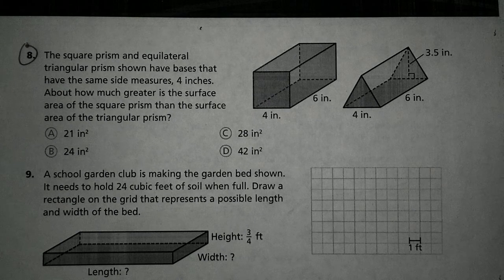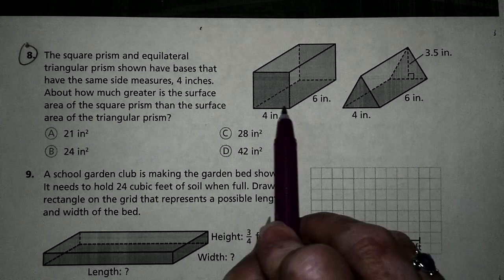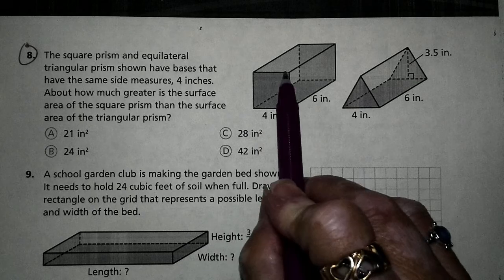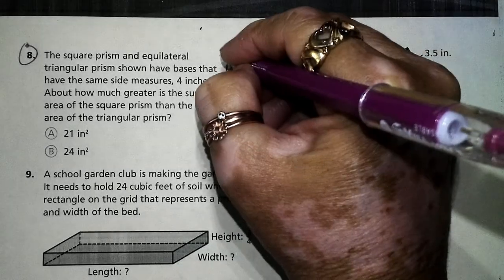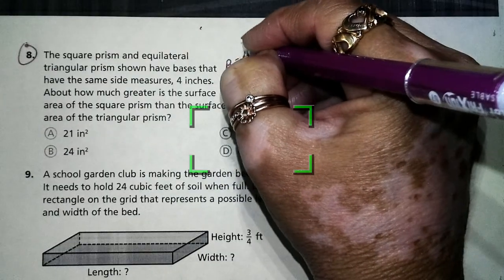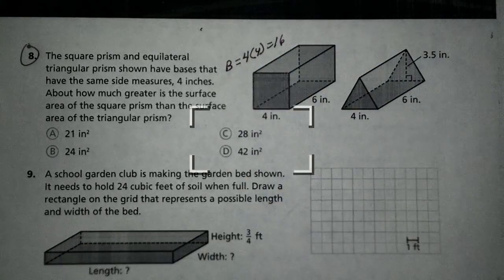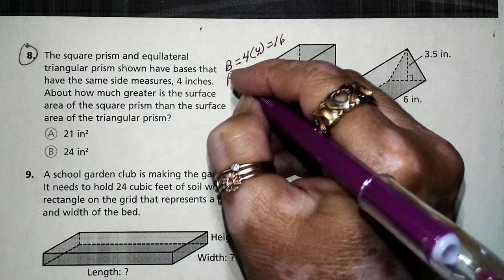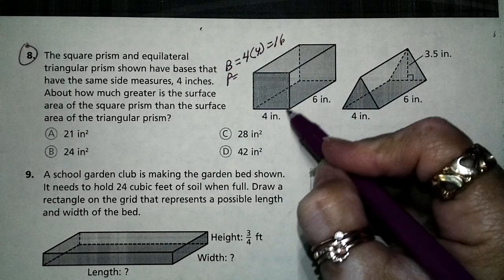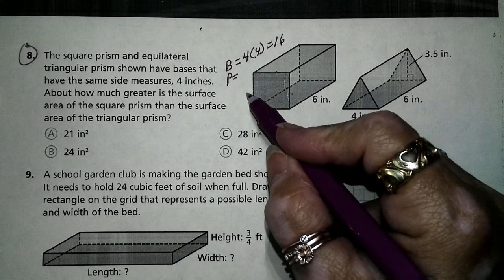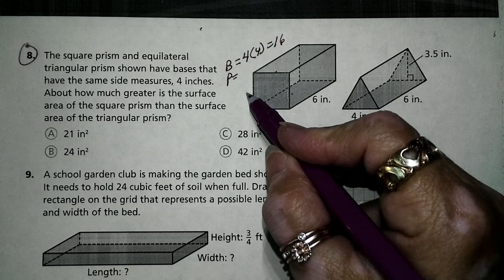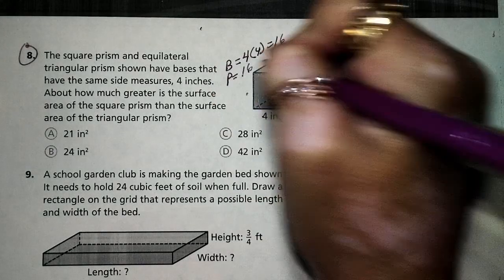All right, so this is a square, so we need to find B. So B would be 4 times 4, which is 16. And P would be 4 plus 4 plus 4 plus 4, which is 16 again.